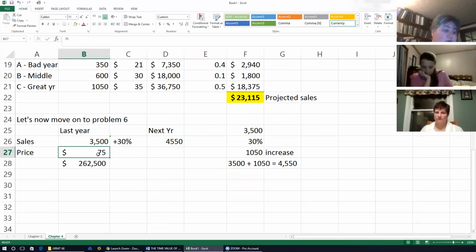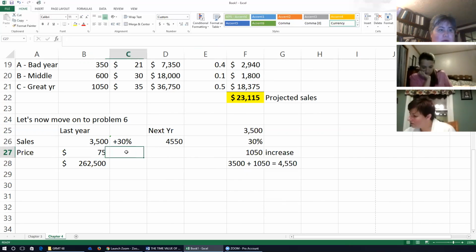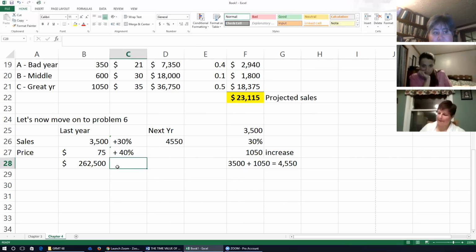Now they said the price, however, because the reason they're going to sell. Oh, okay. The other problem has one increase and decrease. This one says that the price is going to go up by 40%. So we need to raise the price from $75 to something more.